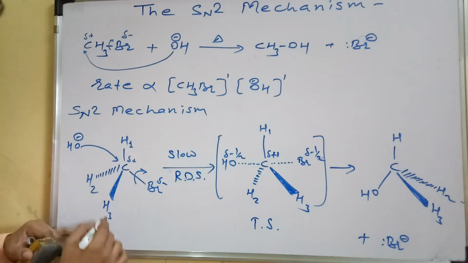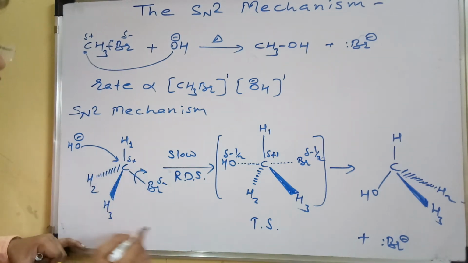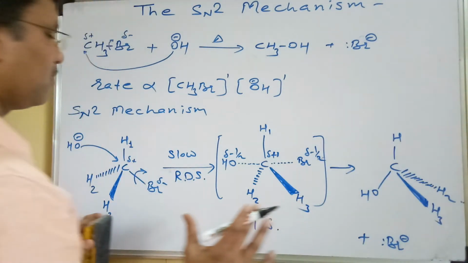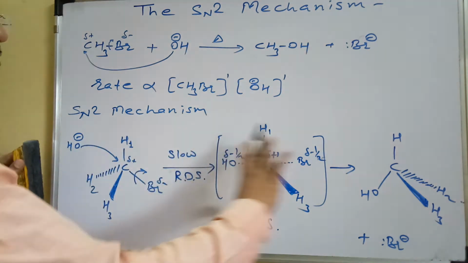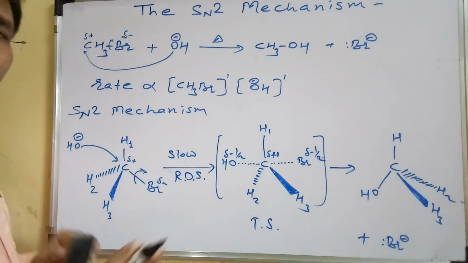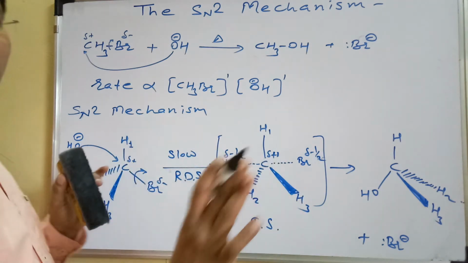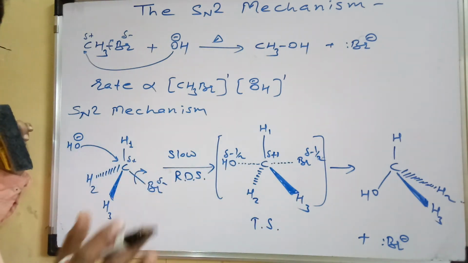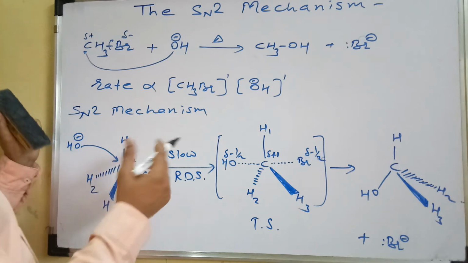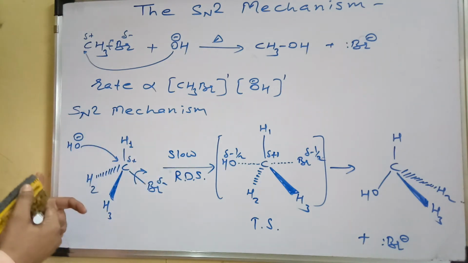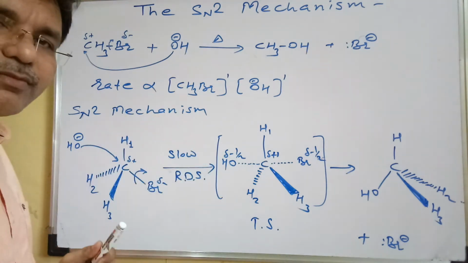See, this is the substrate or reactant, and this is the product. See, this is the mechanism of this reaction. Now we'll see the salient features of this SN2 reaction mechanism, one by one, different points are given. See, the first point: this reaction takes place in a single step.